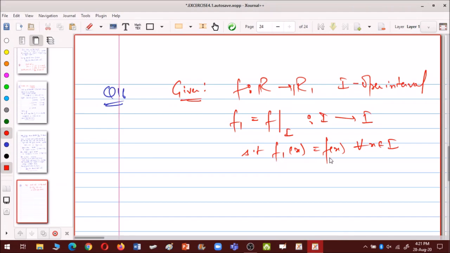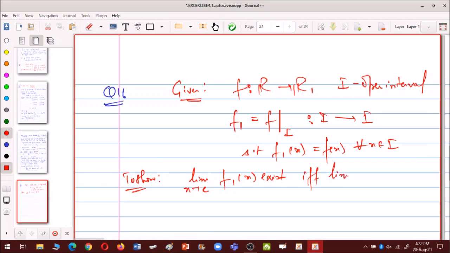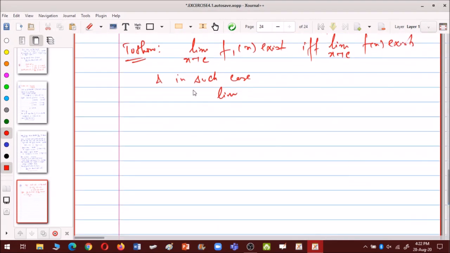So f1 and f coincide with each other on I. So f1 is given, and we have to show that limit x tends to C f1(x) exists if and only if limit x tends to C f(x) exists, and in such case limit x tends to C f1(x) is equal to limit x tends to C f(x).